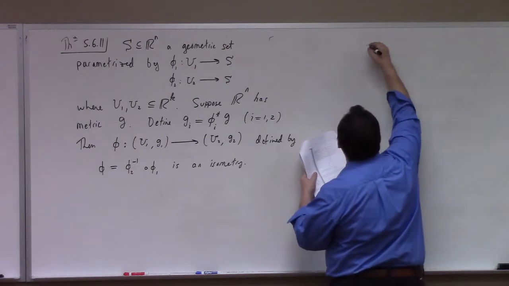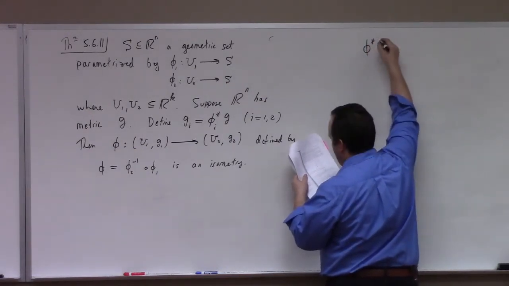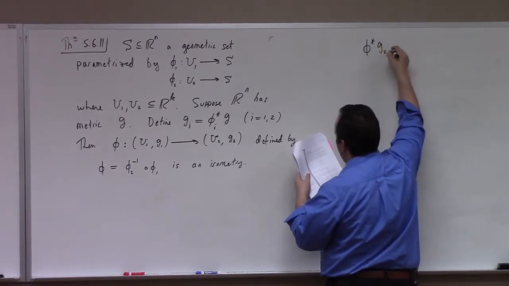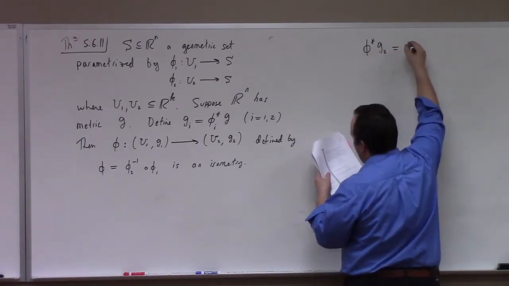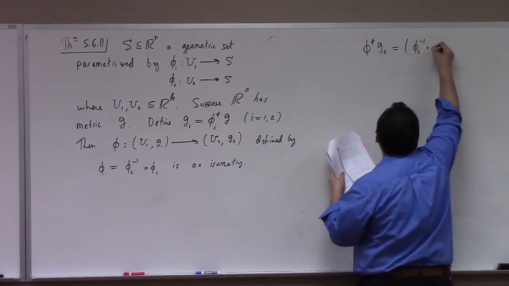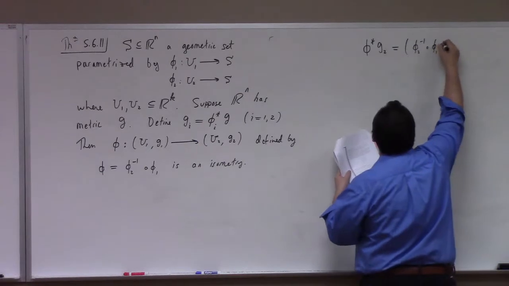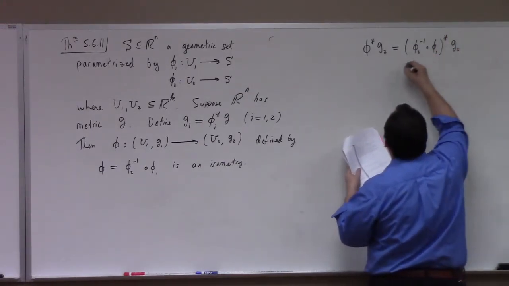I think the proof of this we can afford to do. So here we go. It must be really easy then. Phi pullback G2 is phi2 inverse composed with phi1 pullback G2. How do we do that? Properties of pullback.